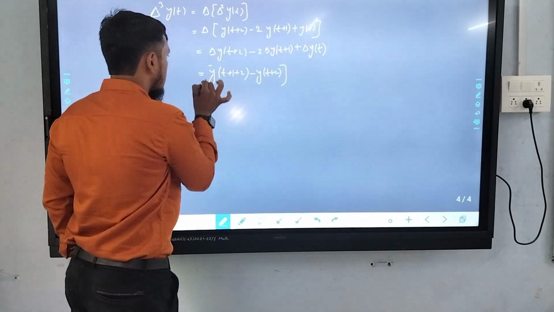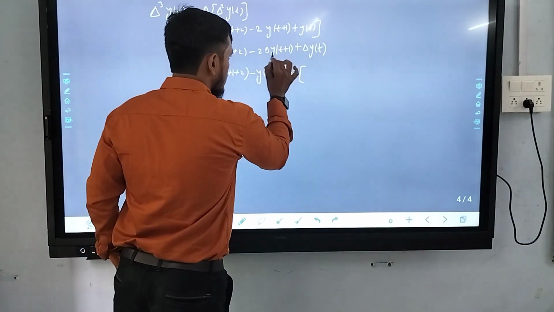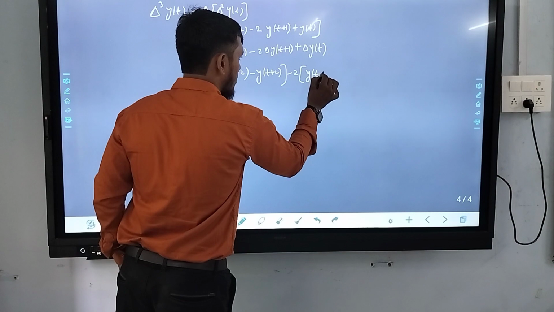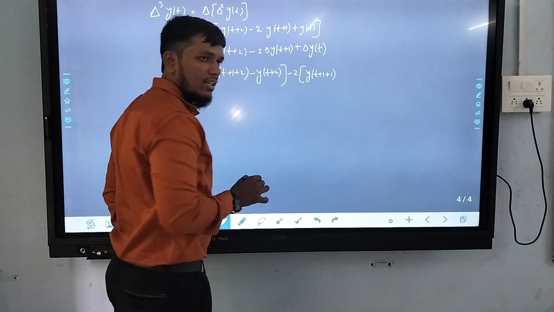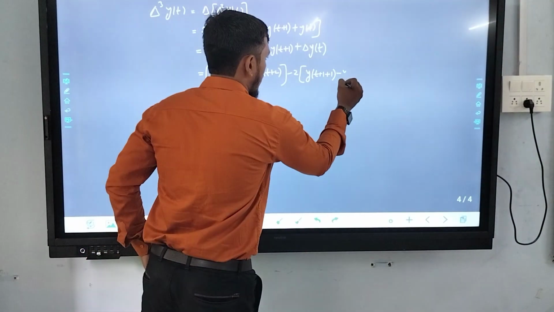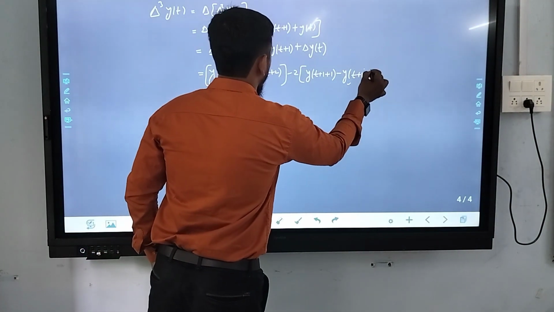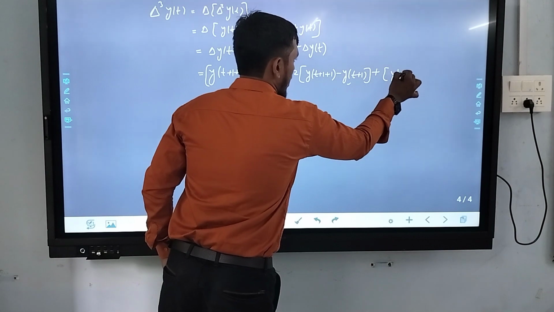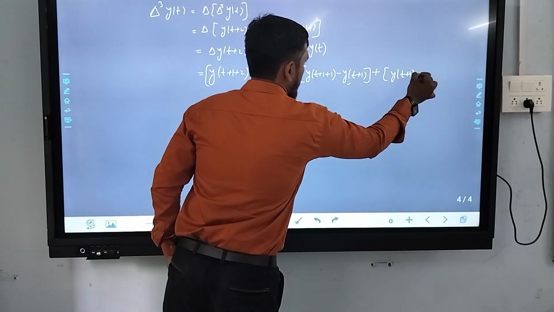Then for this minus 2 term, again by definition in place of t we replace t plus 1, and after the negative sign the function should be the same, so minus y of t plus 1. And the same here, y of t plus 1 and minus y of t.